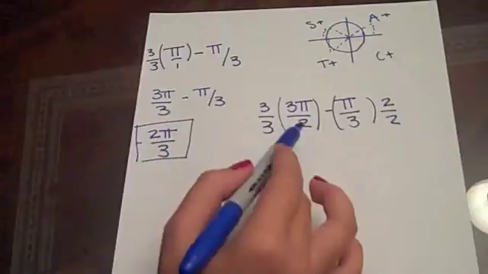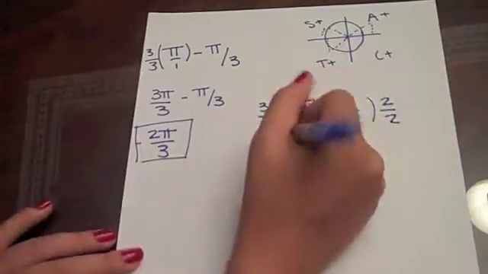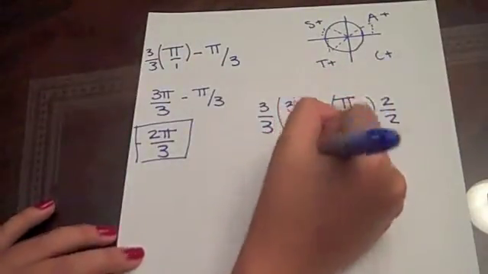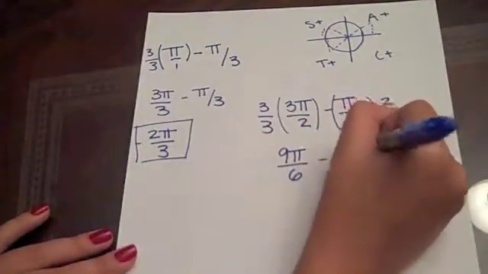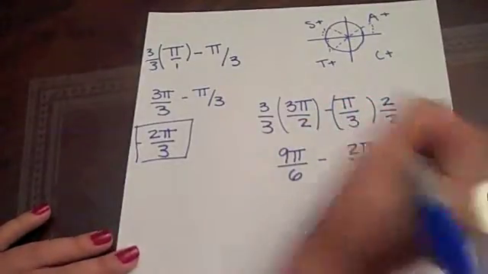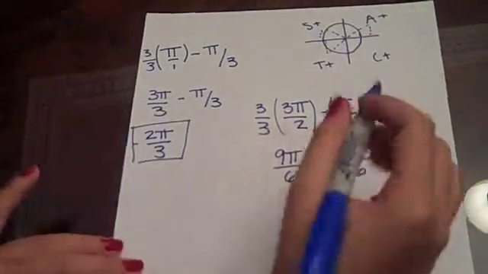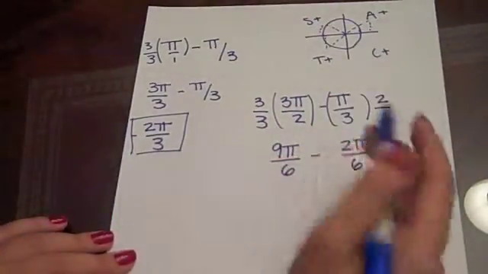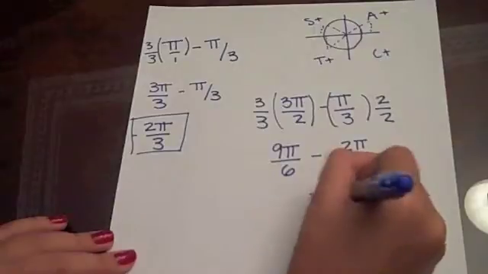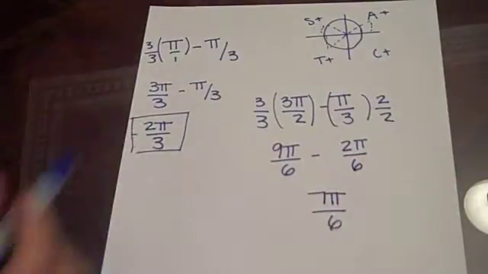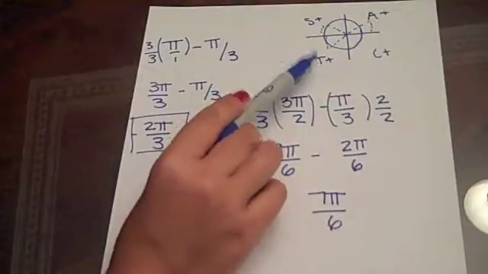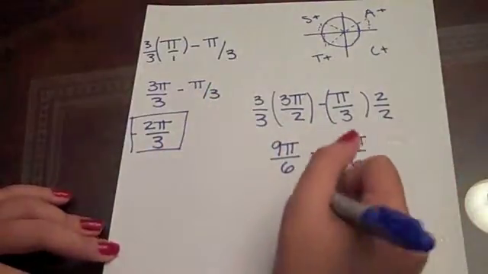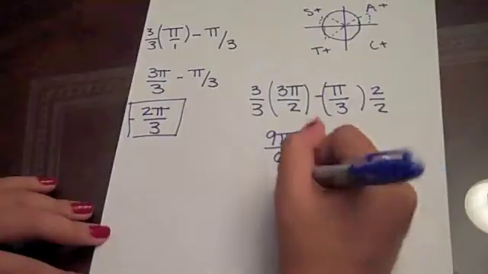So we get a denominator of 6. So this becomes 9 pi over 6 minus 2 pi over 6. Then 9 pi minus 2 pi is 7 pi over 6. But the unit circle tells us that only tan is positive. So, since we're dealing with cosine, this is negative.